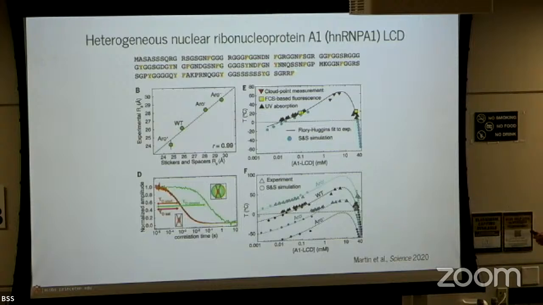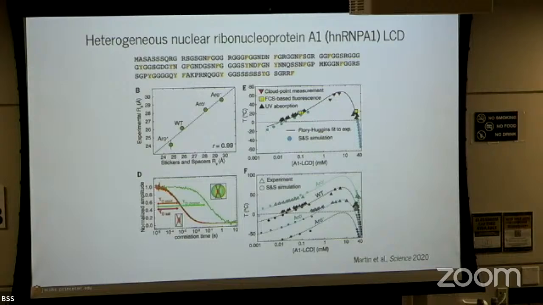They don't like to be near water and they tend to drive phase separation. So what they show here is that, again, in vitro, if you change the overall sequence composition, then you can use this Flory-Huggins model to predict the shift in the critical temperature and these phase boundaries as a function of sequence.